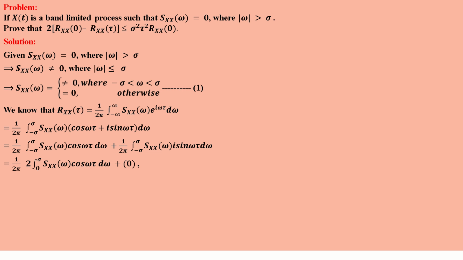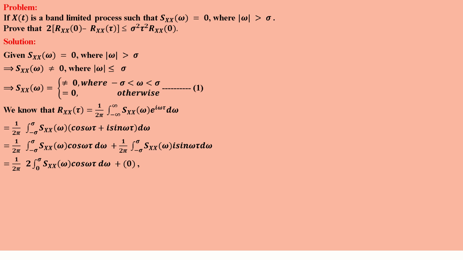We know Sxx of omega is an even function, and cos omega tau is an even function. So in the first term, even into even is an even function. So the first integrand is an even function. We are applying the property of definite integral. We will get 1 by 2 pi, 2 times integral 0 to sigma Sxx of omega cos omega tau d omega. In the second integrand, Sxx of omega is an even function and sin omega tau is an odd function.